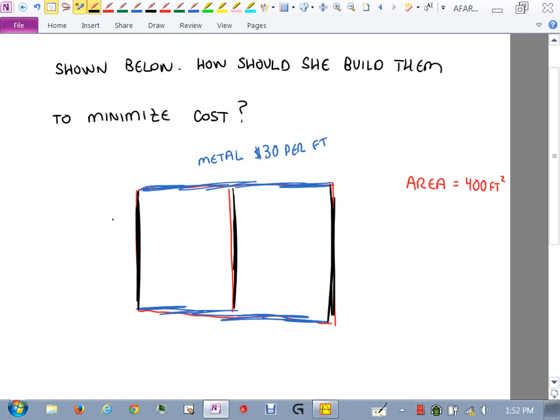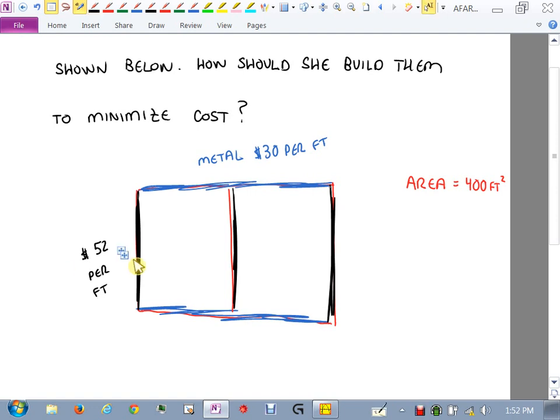Numbers where it's not easy to work out maybe what the best way to do this is. $52 per foot. Some good fence. There you go.